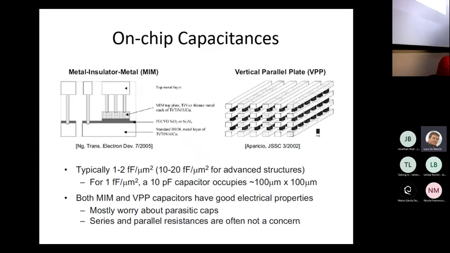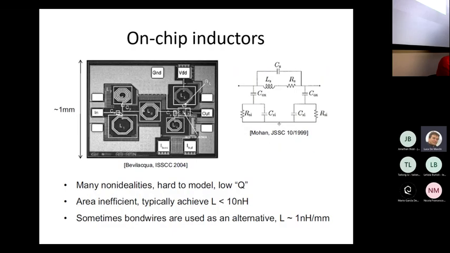But realizing inductors on chip is very difficult. You cannot really realize coils on a planar surface. What you can do is implement spirals.